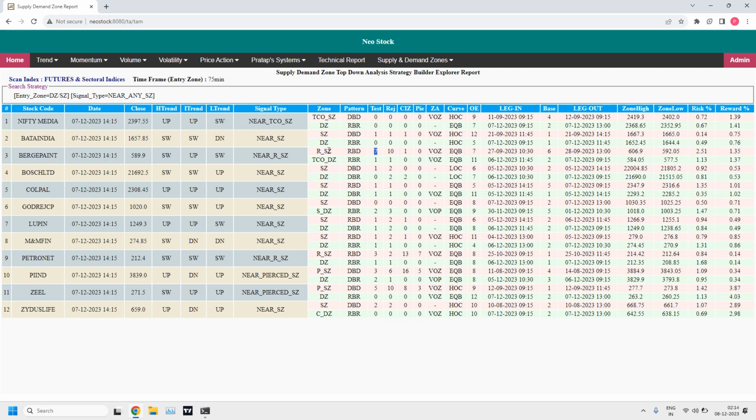I mean, because this is 75, you have to look for a fresh 15-minute zone inside this, or a deep entry. Petronet, but it is already pierced, so we don't look into the pierced zones. That's it. So let's go back.